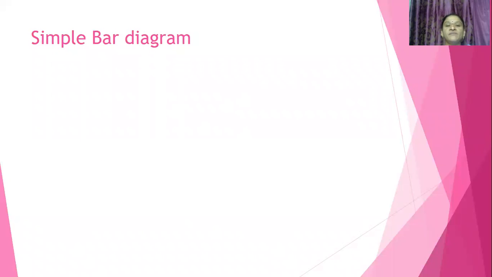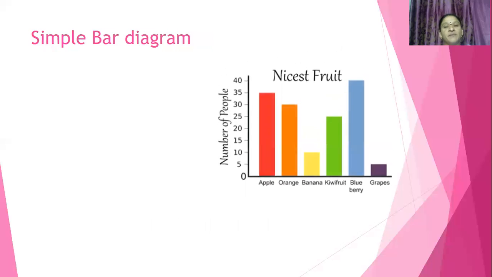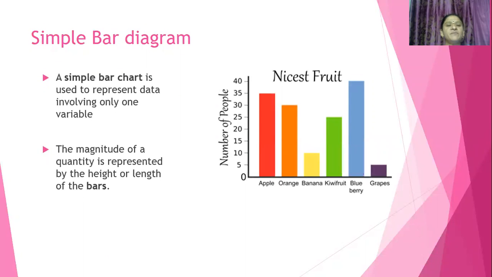First, let us go for simple bar diagram. Simple bar diagram looks like this. The size of the bar or the height of the bar will tell the magnitude of that particular variable. Here, simple bar diagram is used to represent data involving one variable.